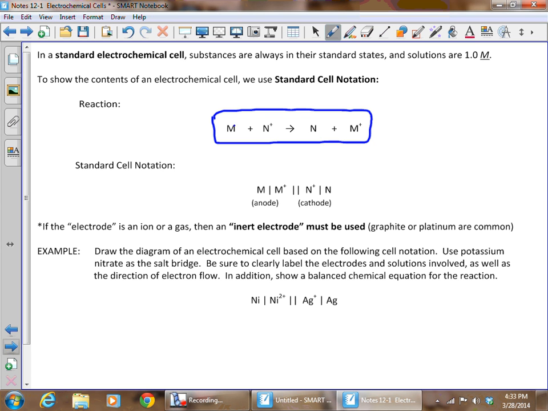And remember, the reaction that's occurring at the anode is always the oxidation. The cathode is the reduction. So in this case, M goes to M plus, and they separate that with just a bar. That's the anode. The cathode then is N plus going to N. They represent the salt bridge with 2 bars.